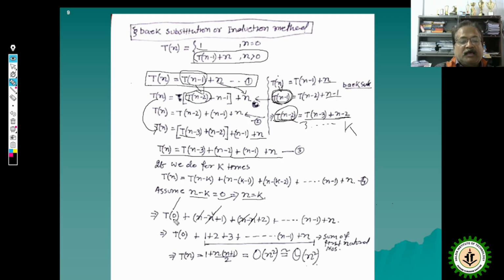If you notice, here I got 1, here I got 2, and so on, up to n minus 1 plus n. So this is the sum of the n natural numbers, 1, 2, 3, 4, 5, 6, 7 up to n minus 1 plus n. Again I can say that this is big O of n square, the maximum time it will take.